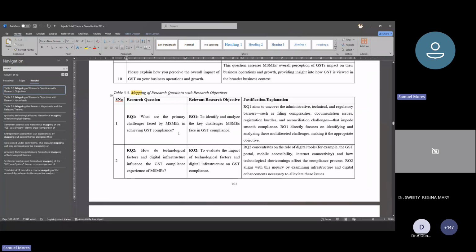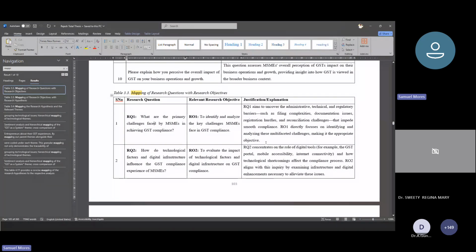For this research question, this objective has been framed. For example, the first research question: what are the primary challenges faced by MSMEs in achieving GST compliance? For that, the objective is to identify and analyze the key challenges MSMEs face in GST compliance. These two are relevant. They can be mapped together because they both are talking about the same thing.